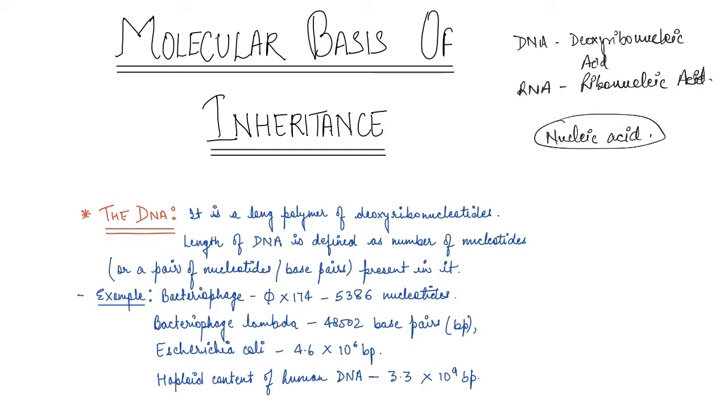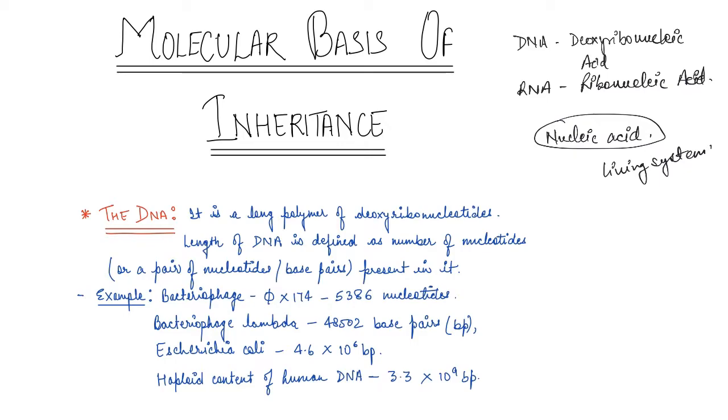Both the nucleic acids are found in the living system, right? So DNA is considered the genetic material in most of the organisms. DNA acts as the genetic material in most of the organisms, and in some organisms like some viruses, RNA acts as the genetic material, right? And it functions as a messenger, right?